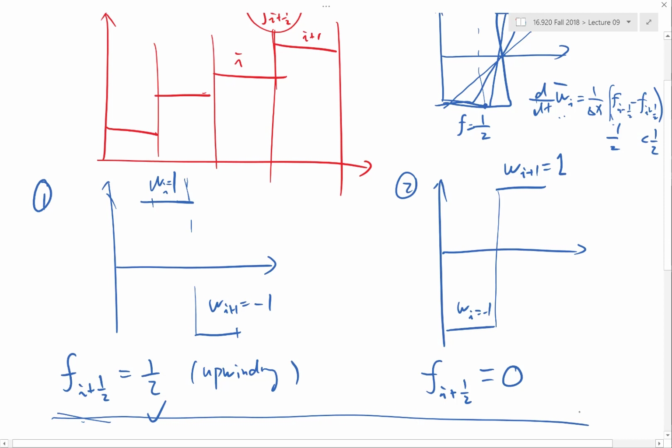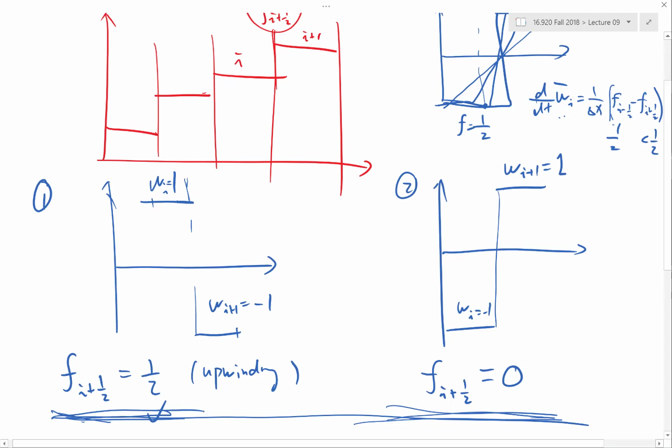What's the fundamental similarity between the flux I got in this case and the flux I got in that case? Is there any part of the argument I used for f equal to 0 on the right hand side that would be the same for concluding that f should be half on the left hand side? No idea?